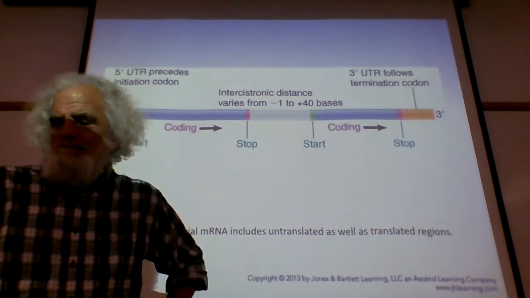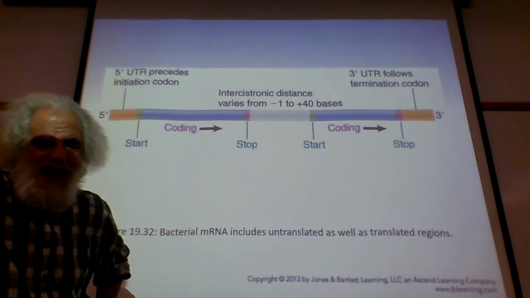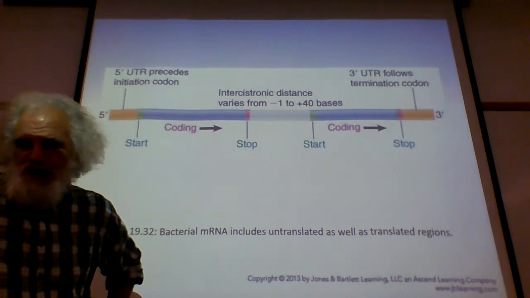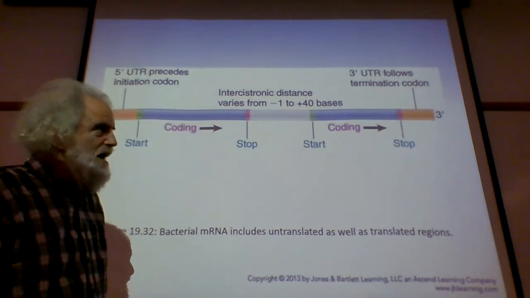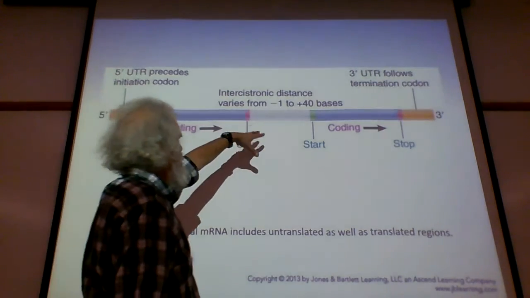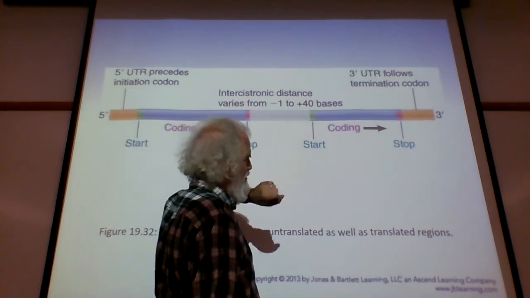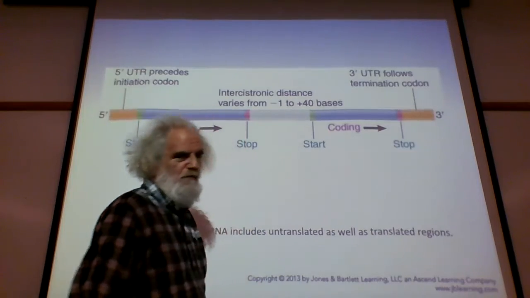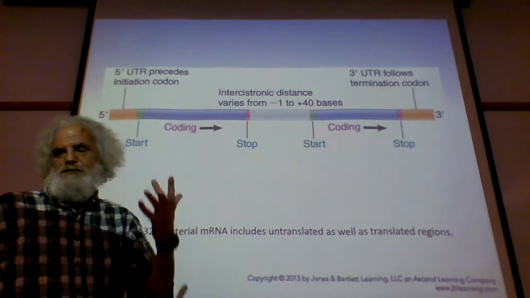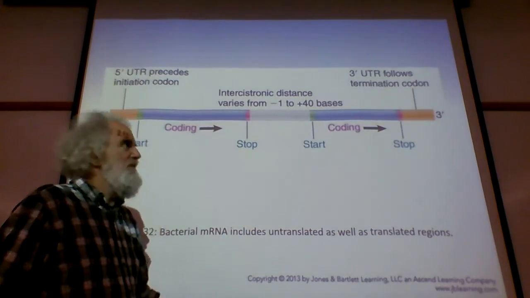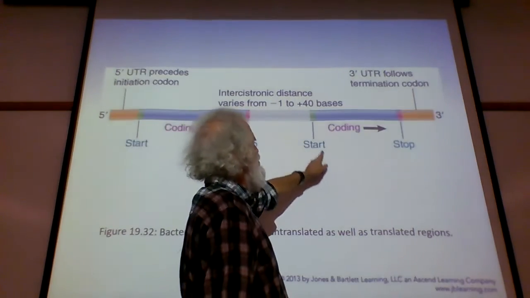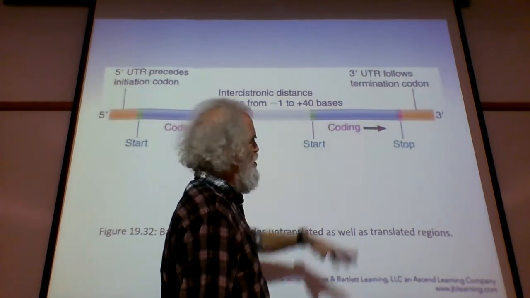So, as we were saying, the bacteria have this untranslated region, and then if it's a polycistronic system, you have what's known as the intercistronic space. It can range from a few nucleotides up to 40 or so. And then you have the next start codon of the next open reading frame.